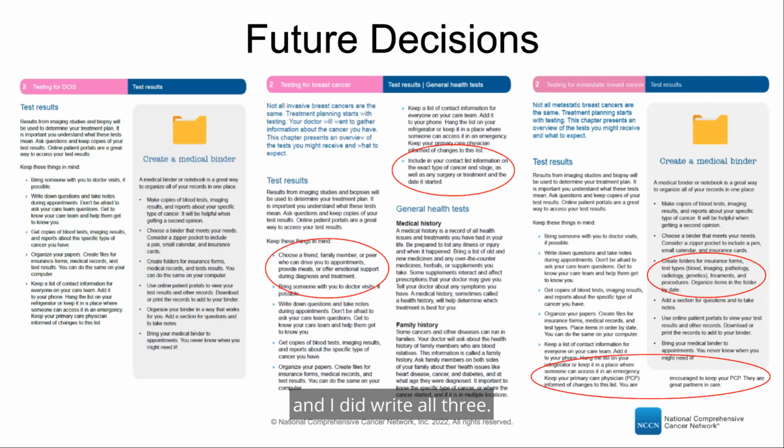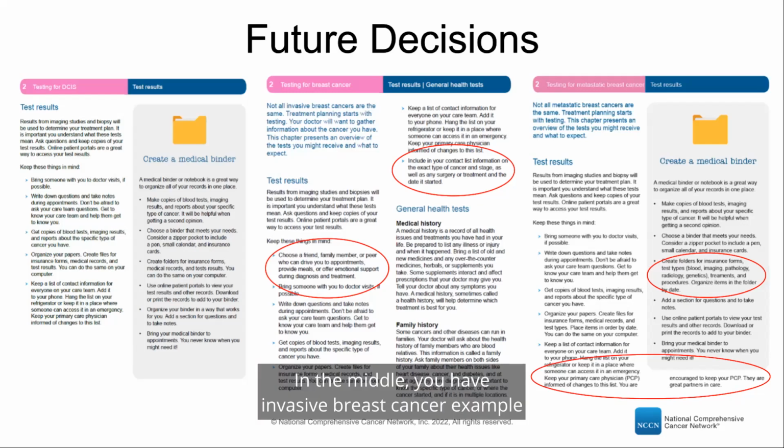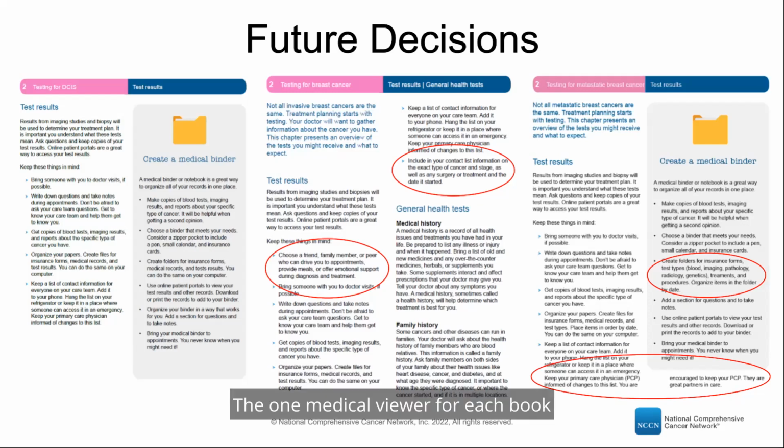On the left, you have pre-invasive or non-invasive, which is DCIS. In the middle, you have invasive breast cancer, and on the right, you have metastatic. And each medical reviewer, the one medical reviewer for each book, had a slightly different suggestion, which I incorporated.